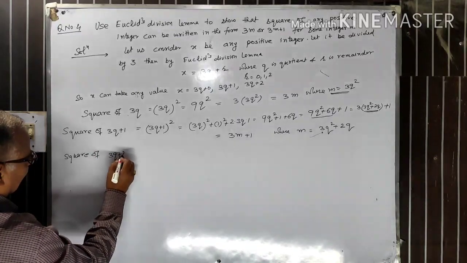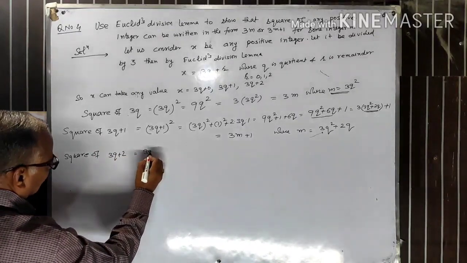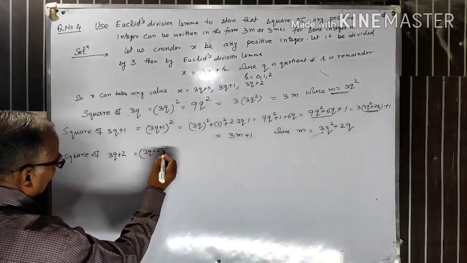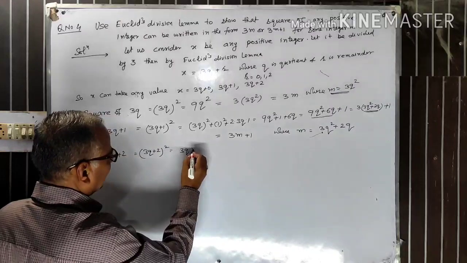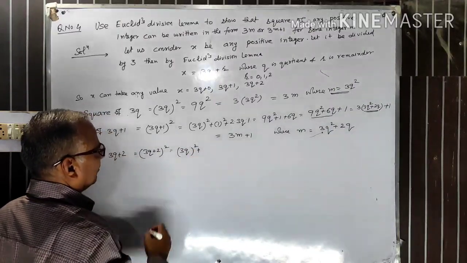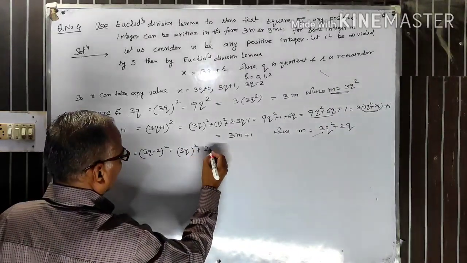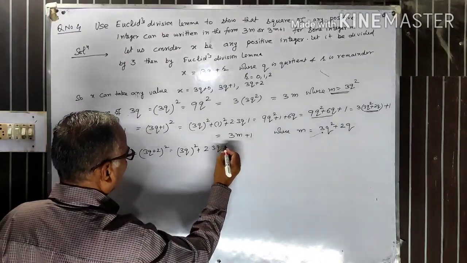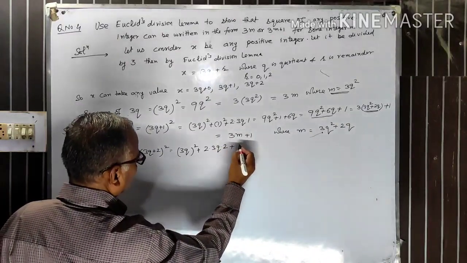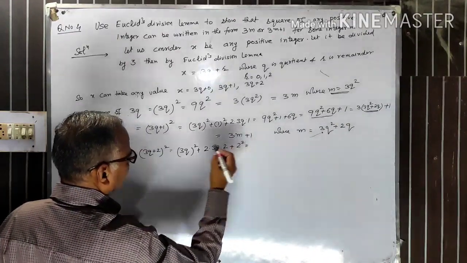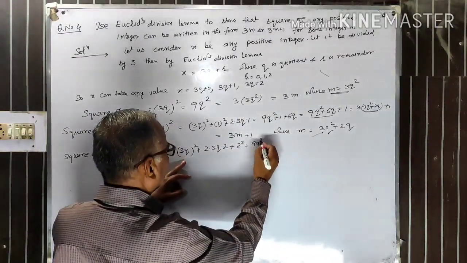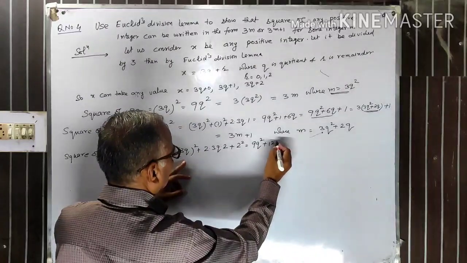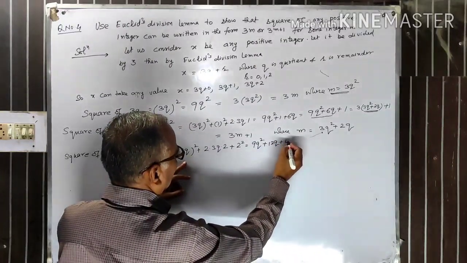Now coming on to the third number, square of 3q plus 2 whole square, that is 3q square plus 2 into 3q into 2 plus 2 square, that can be written as 9q square plus 12q plus 4.